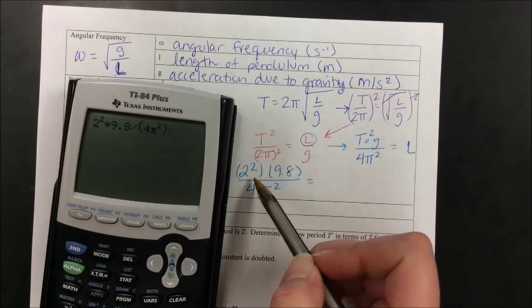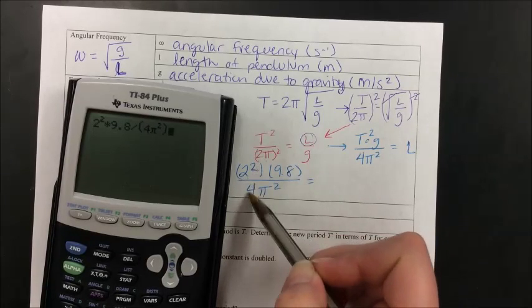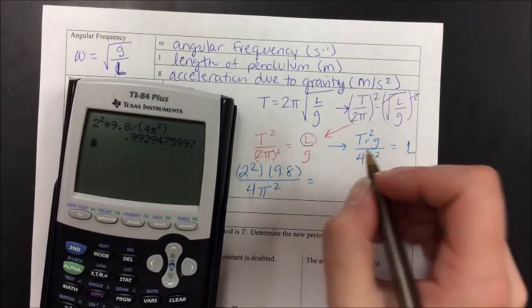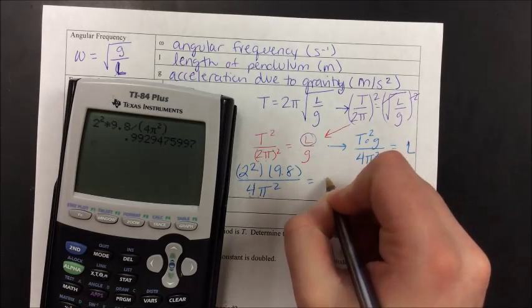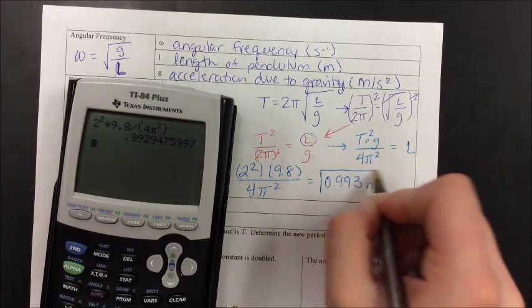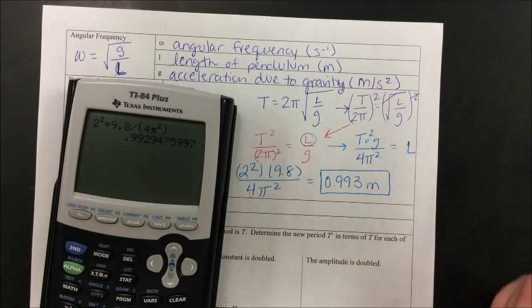You can also realize that 2 squared is 4, so these two are going to cancel out. So when we plug that in, we get 0.993 meters. So our string needs to be about a meter long to get a period of 2 seconds.